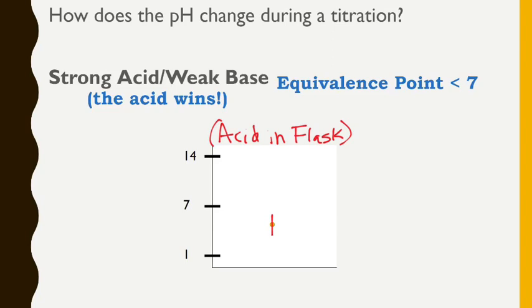Just try to make sure it's centered on that equivalence point. That equivalence point better be lower than 7. And then we're just going to start low because we're starting with the acid in the flask. Try and curve it up. Make sure that we are ending in the base area and we are starting in the acid area. It's not perfect, but it's good enough.